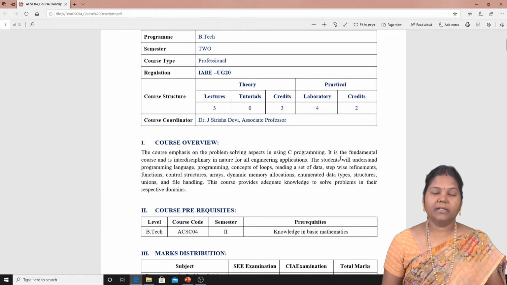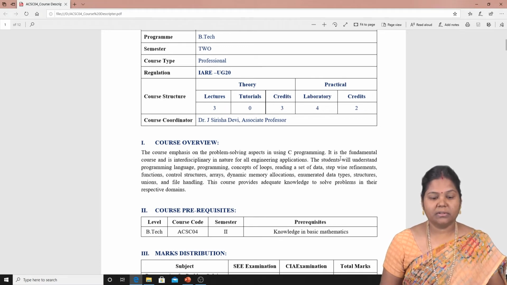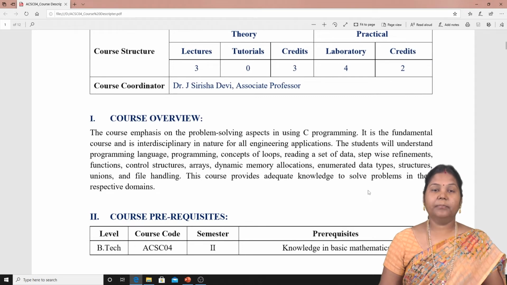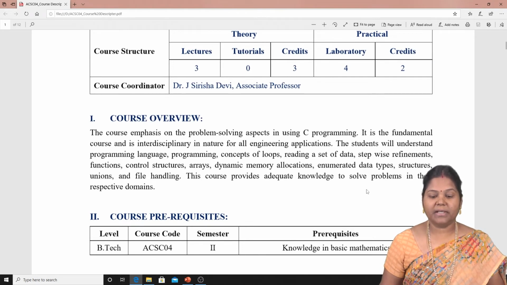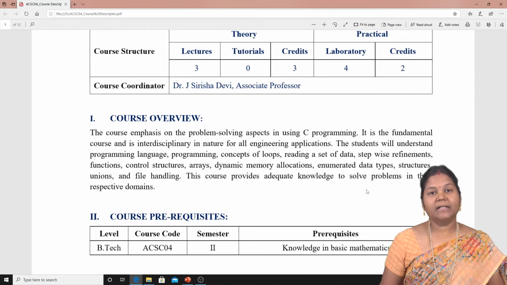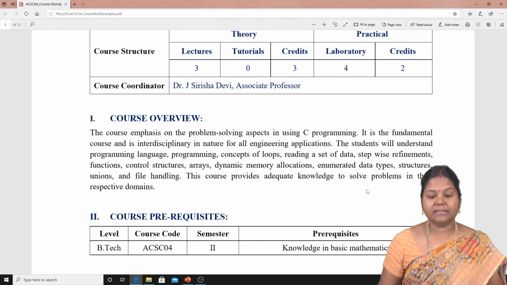So normally for any particular course, we have to first write down the overview. And here the course Programming for Problem Solving using C language emphasizes the problem solving aspects in C programming. Now, this is one of the fundamental courses and it is interdisciplinary in nature for all engineering applications.